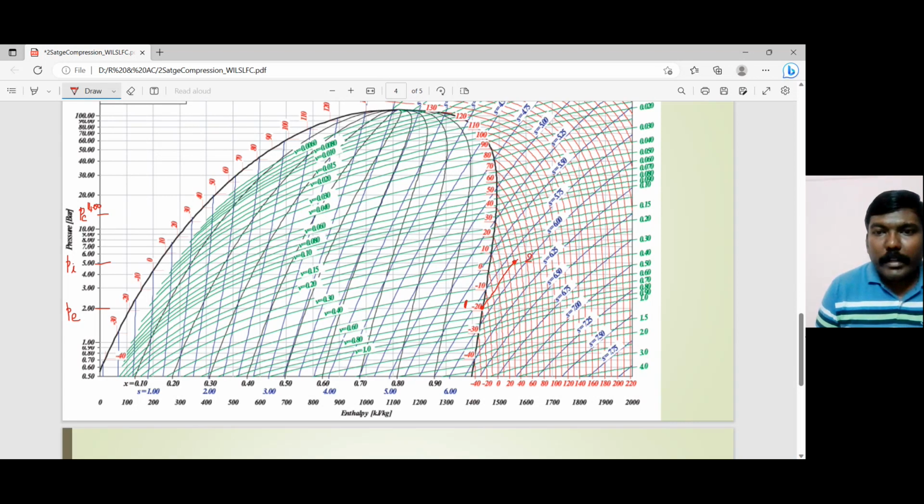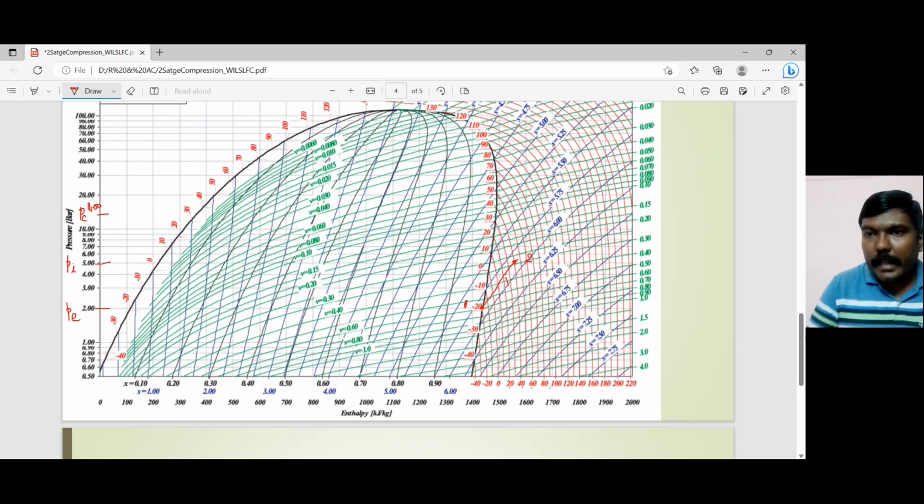And then what they have said is that you should superheat it till it reaches 30 degrees centigrade. These red color markings over here, 20, 40, 60, 80, those are the temperatures. If you want, let's say this 20, follow this 20 over here. If you follow this line, you will find 20 over here. So this 20 is a straight line.